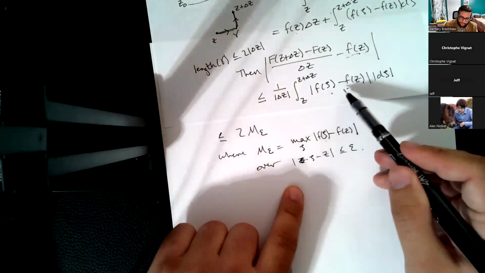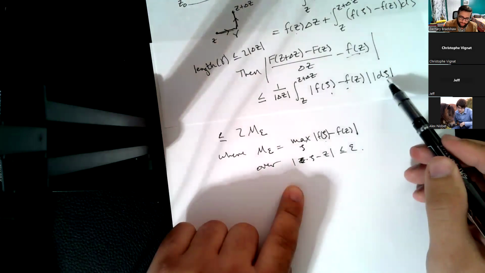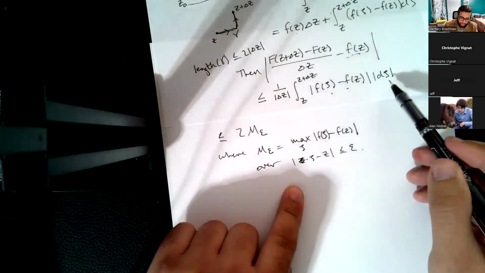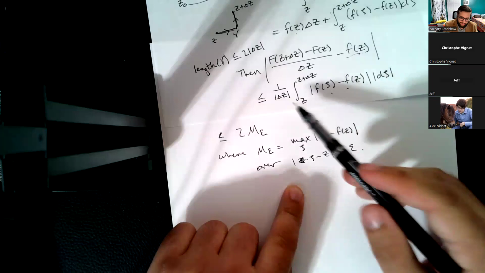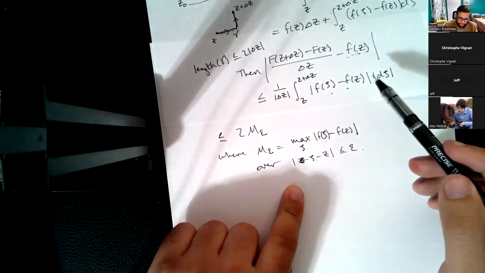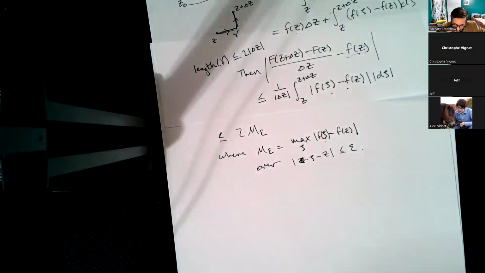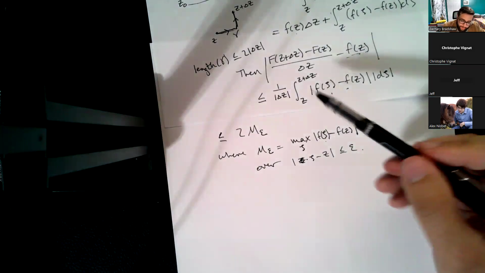Right. Okay. And now we insert this bound here. This is less than or equal to m epsilon, and then we integrate, and we get a modulus of delta z here. Wait a minute. No. Okay.